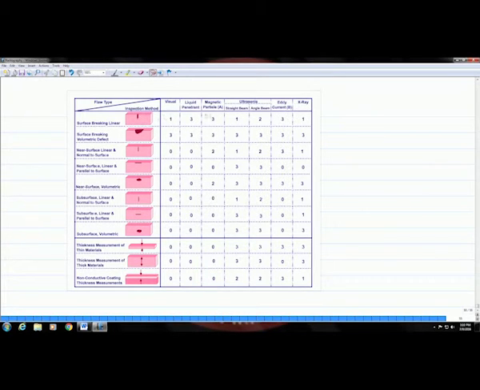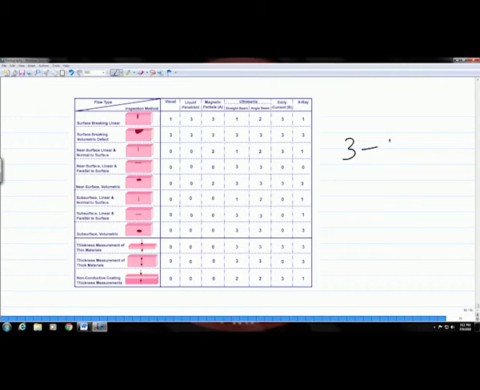Okay. For example, if it is 3, it means it is the best possible method that you have. So, 3 means it is best suited, and if it is 0, then that means that for that particular kind of defect, this particular technique cannot be used. Okay.